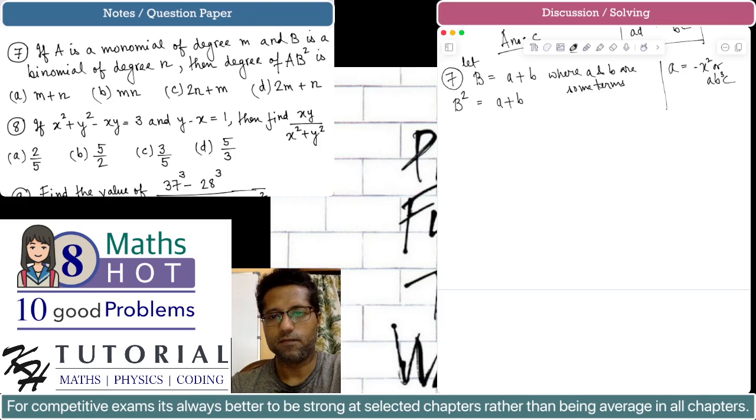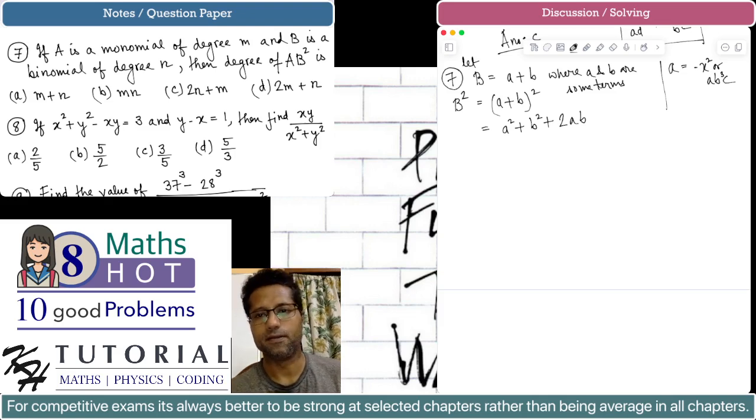So B square will be equal to a plus b whole square, which is equal to a square plus b square plus twice ab.